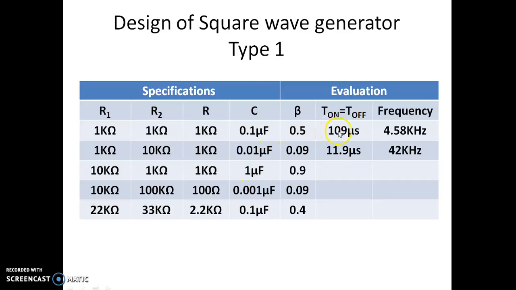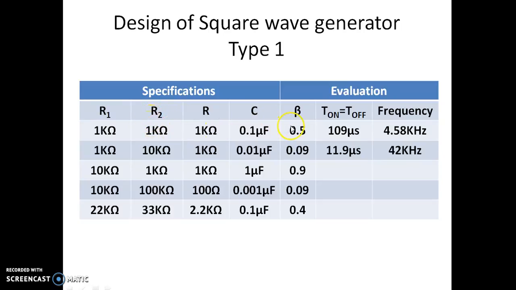We can find the on time and of course the frequency. R1 and R2 decide the value of beta. This R decides the timing, and C is the timing capacitor. R1 and R2 are going to decide the value of beta.